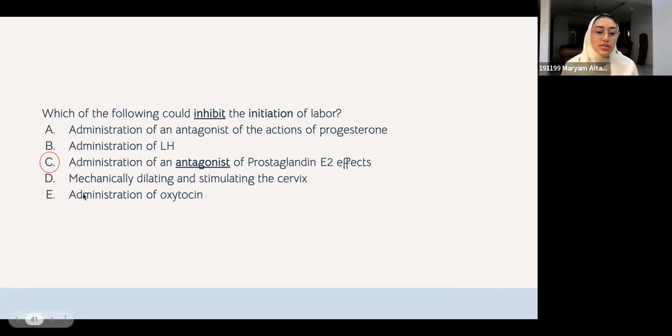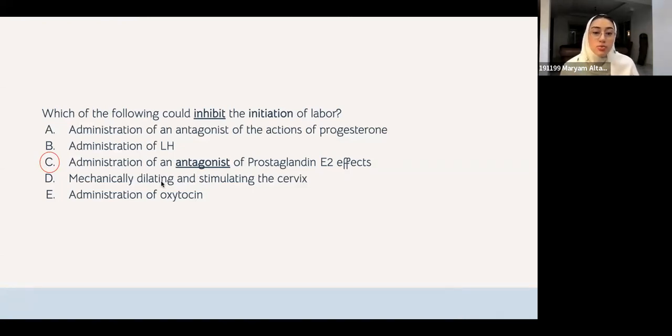Mechanically dilating and stimulating the cervix is just going to kickstart the process, so this would actually help initiate labor. Administration of oxytocin causes my myometrium to contract, so again, this is going to help labor progress. So if I'm asking you what could inhibit the initiation of labor, then my answer is prostaglandin E2 antagonist, something that works against it.